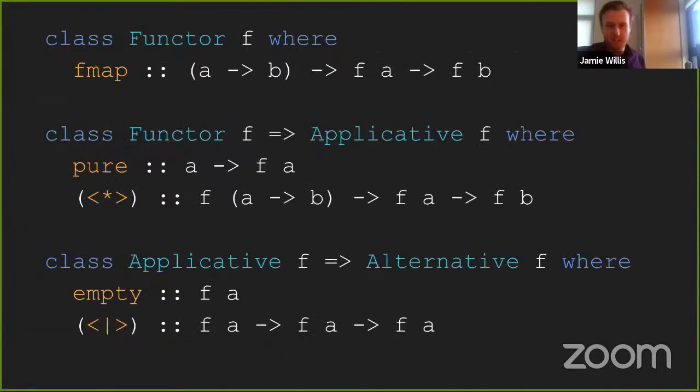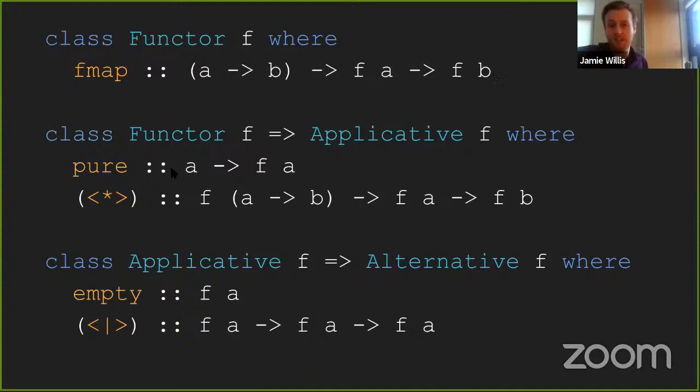So just to summarize that, oh wait, no, not summarizing yet. We need some combinators. We can't really do much with the primitives alone, so we rely on the functor, applicative, alternative hierarchy. Hopefully you're familiar with those, but they basically allow us to manipulate the results that come out of our parser. F for us is parser. So if we have a parser that returns A's, we can make it return B's.